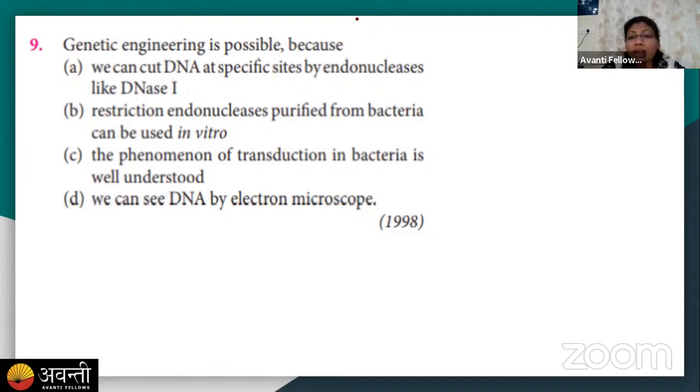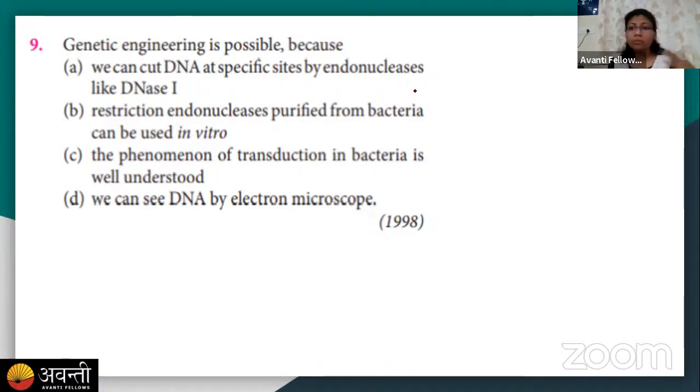So in genetic engineering, basically our motto is to develop the hybrid cells, right? We have to develop or grow the genetically engineered cells in vitro condition, right? And that can only be possible when we have all the enzymes which are able to work in vitro condition, because in vivo we are unable to control each and every stage of our experiment.